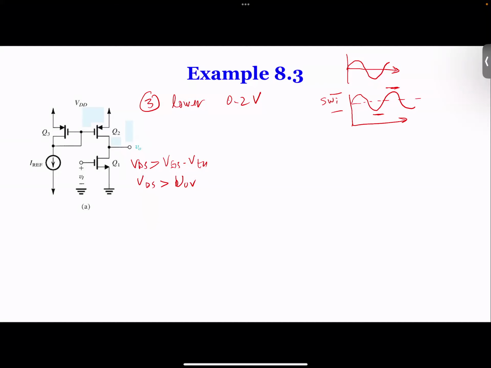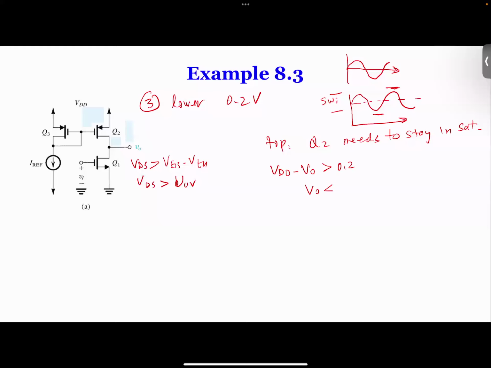In order to keep the top one, Q2, also in the saturation region, we need VDD minus VO to be larger than 0.2.